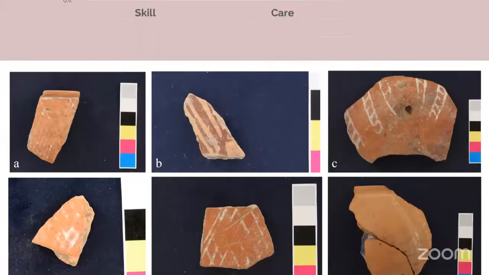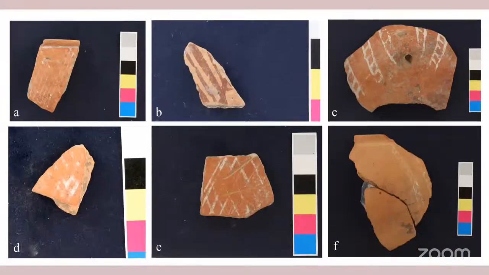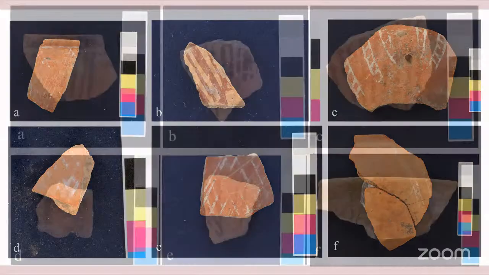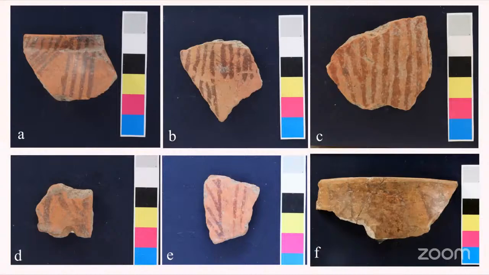On them, the lines are regular and with sharp edges, and the boundaries of elements of the design were carefully respected. In contrast, on the unskillfully painted vessels, we have uneven lines with paint blotches and smeared paint.